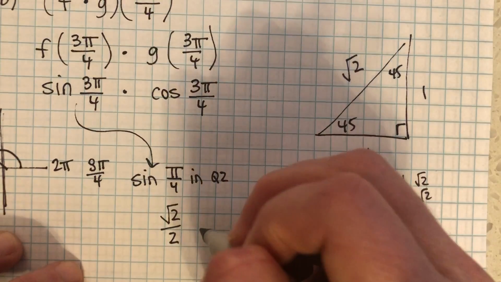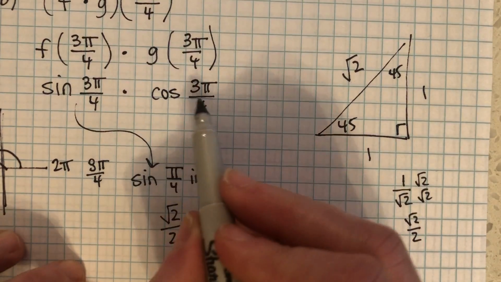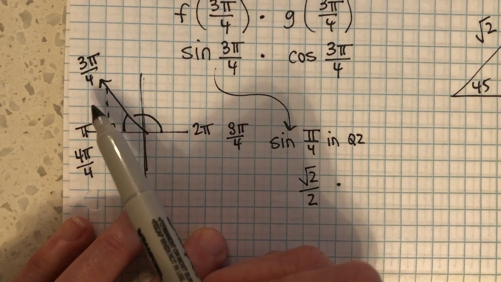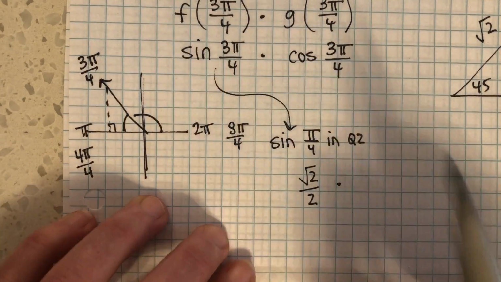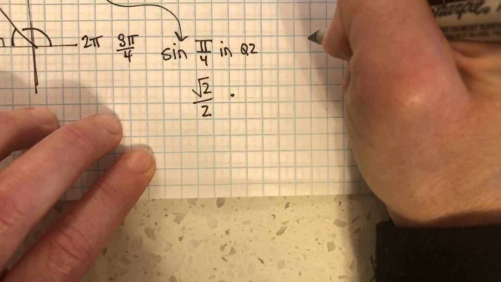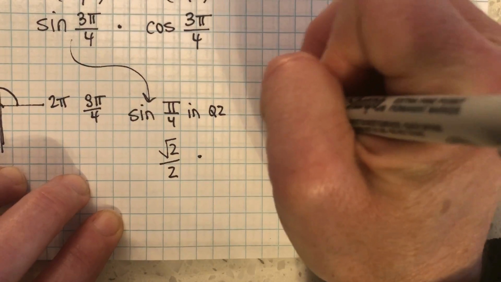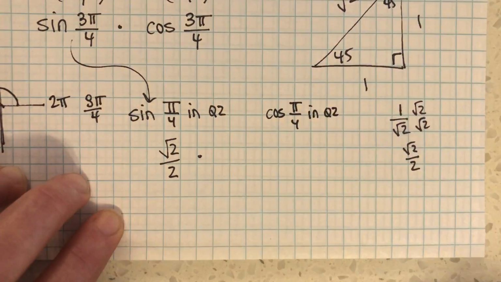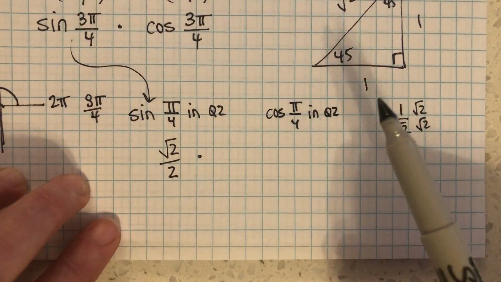All right, then I have to multiply that with the cosine of 3 pi over 4. Well, luckily it's the same angle. So basically it's a quadrant 2 angle that has a reference of pi over 4. So then that means you're taking the cosine of a pi over 4 that landed in quadrant 2. Well, what's the cosine of a 45-degree angle?